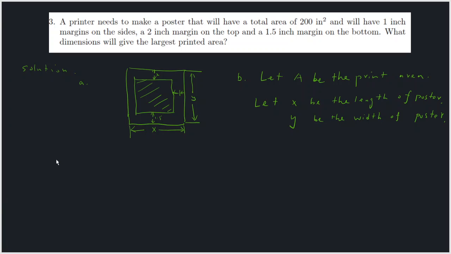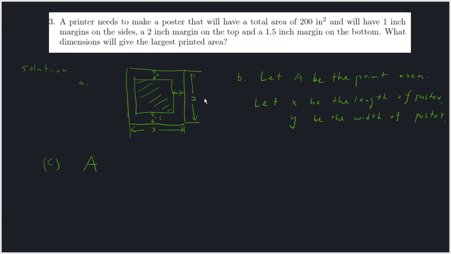Now in step C, we get as many relations as possible at this point. We write the quantity to be maximized, the print area, as a function of x and y first. Understand that A is the area of the shaded region, the print area. Now A is given by x minus the two side margins, the left and the right margin.